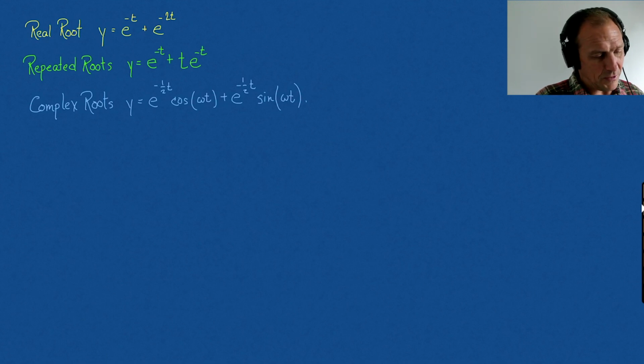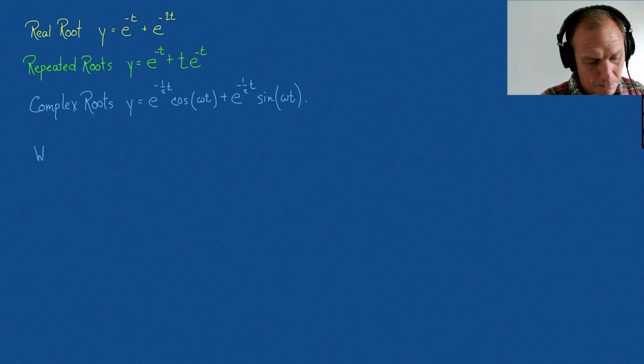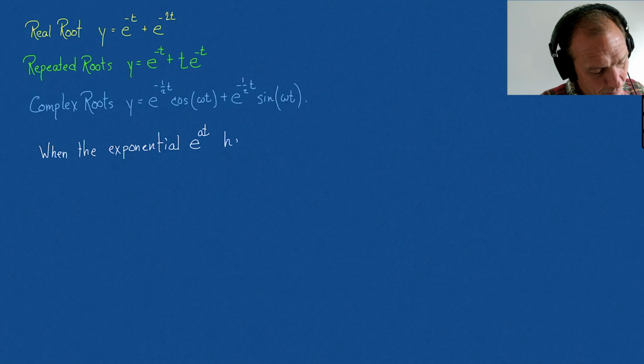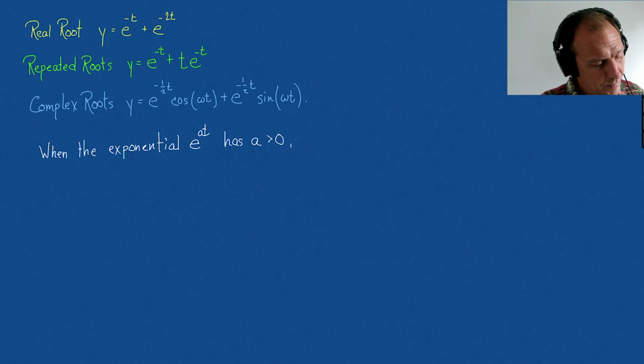And it's important to notice this. When the exponential e to the at has a greater than 0, the solution is unstable.